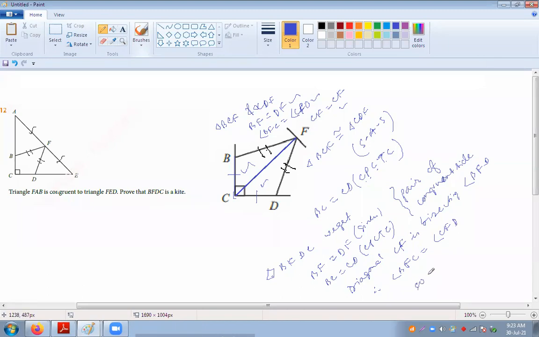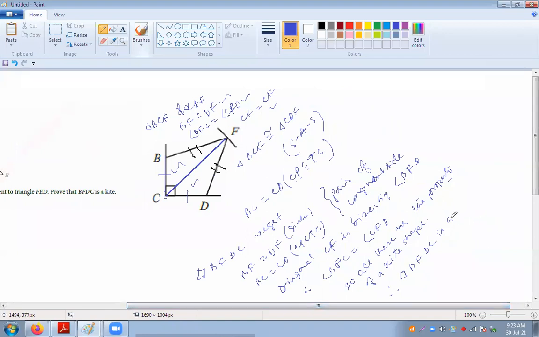So all these are the properties of a kite shape. Therefore, quadrilateral BFDC is a kite. Sir, how many marks will we get for this question? 4 marks.